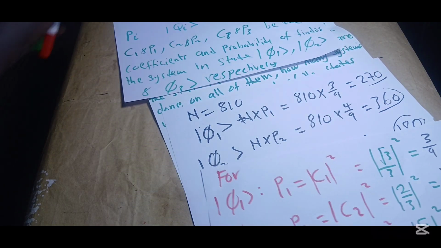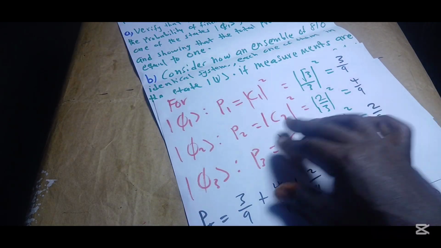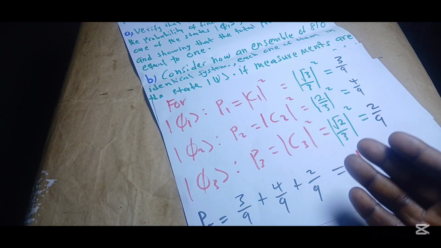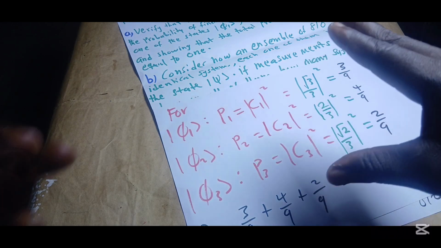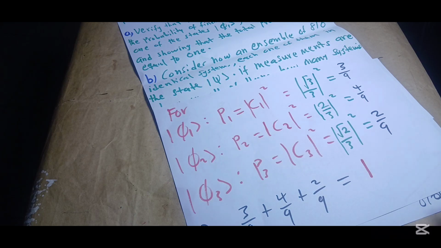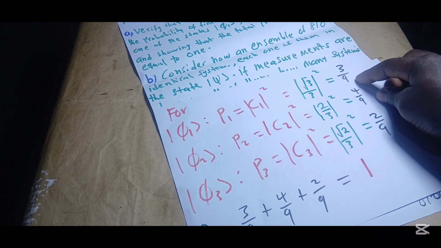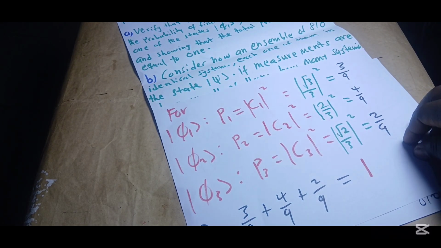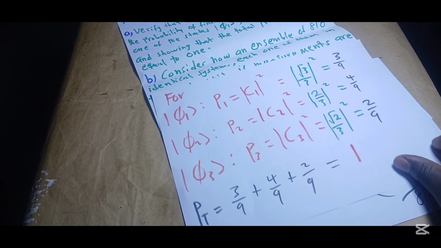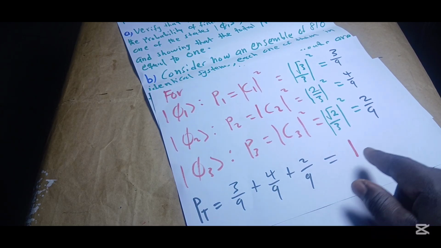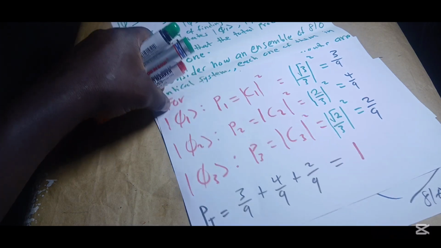Then we started our calculation: the probability of finding the state in phi 1 is equal to the absolute square of the coefficient of phi 1. That is what we did to get the probability contributions of phi 1, phi 2, and phi 3. And now we prove that the total probability equals 1. That is for part A of the question.